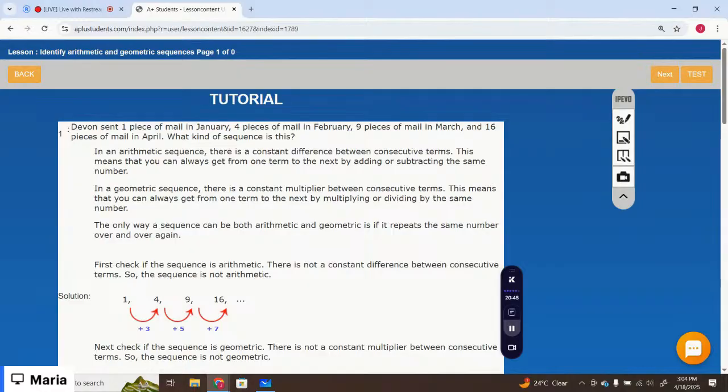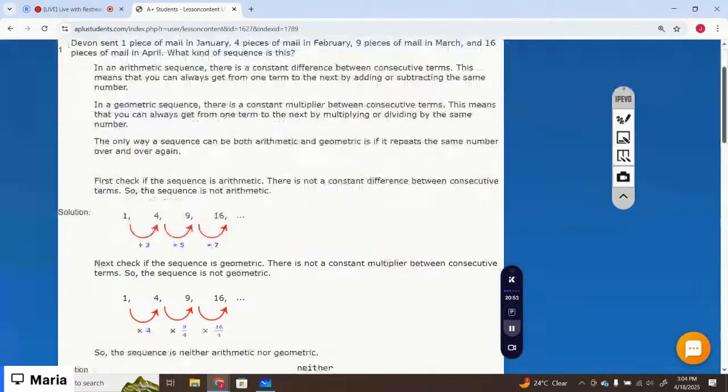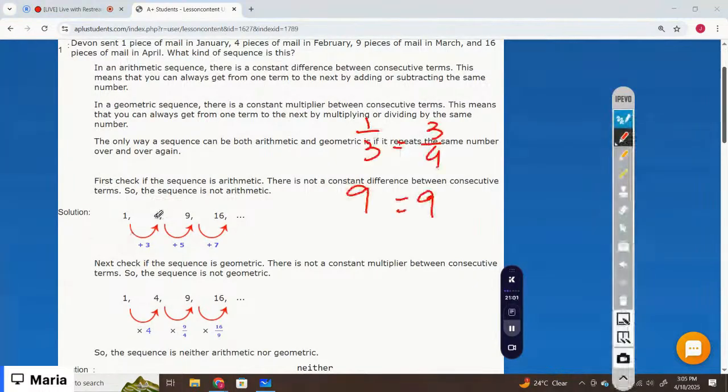The only way a sequence can be both arithmetic and geometric is if it repeats the same number over and over again. So just look at the sequence 1, 4, 9, and 16. 1 plus 3 is 4, 4 plus 5 is 9, and 9 plus 7 is 16.